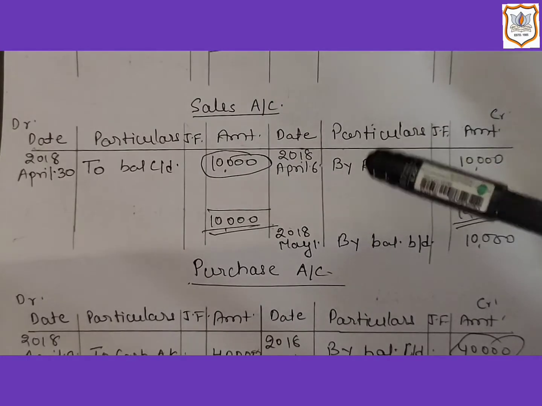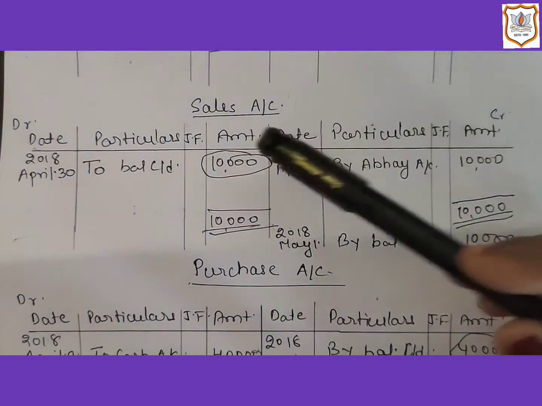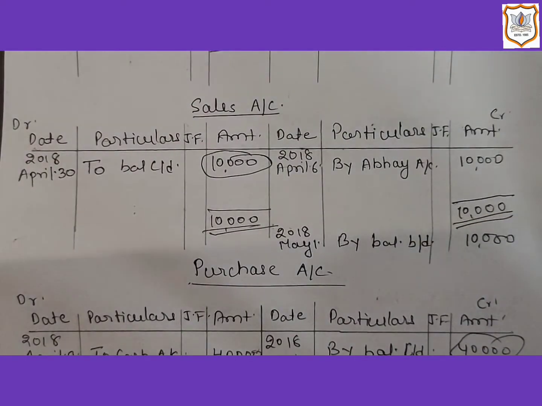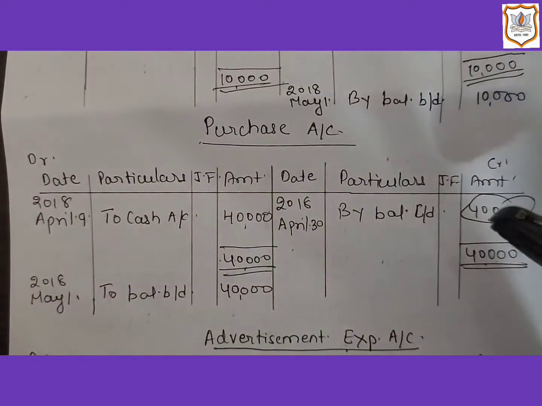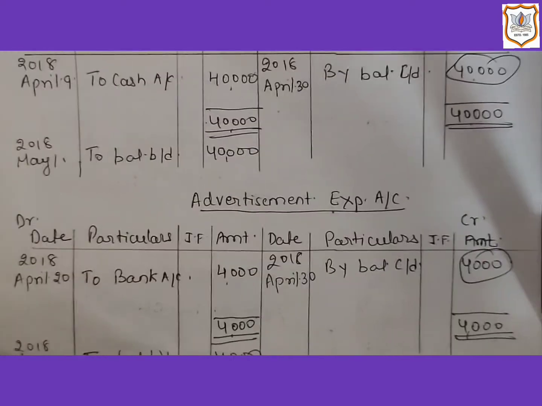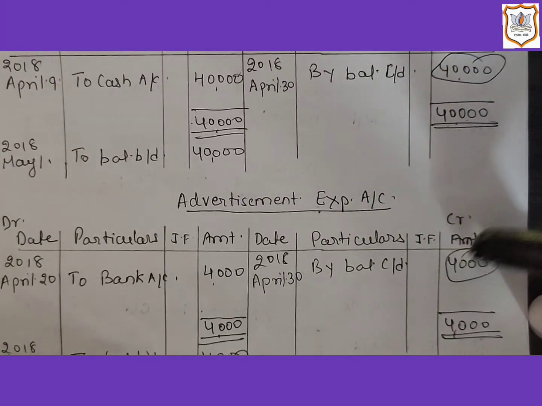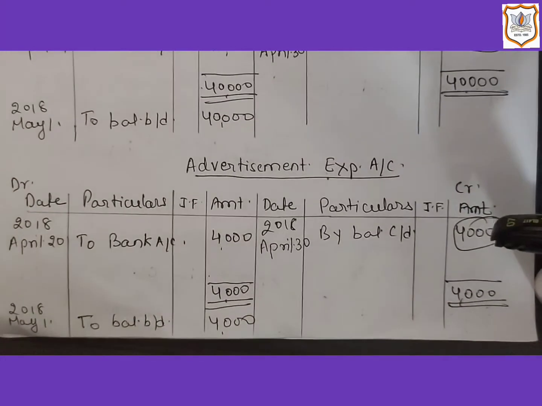Similarly, you can see that in the sales account, the difference is appearing on the debit side, that is the closing balance. Now in the purchase account, the difference is appearing on the credit side. Then in the advertisement expense account, the difference is appearing on the credit side.